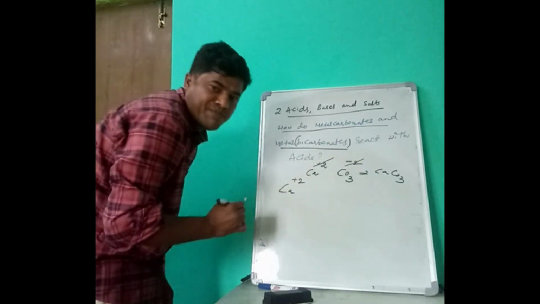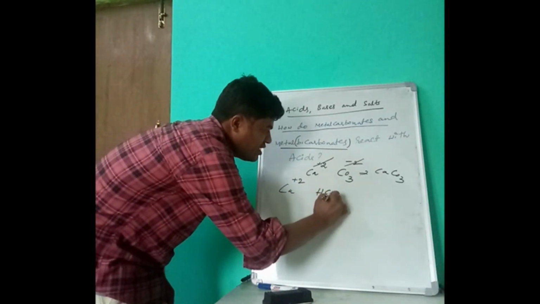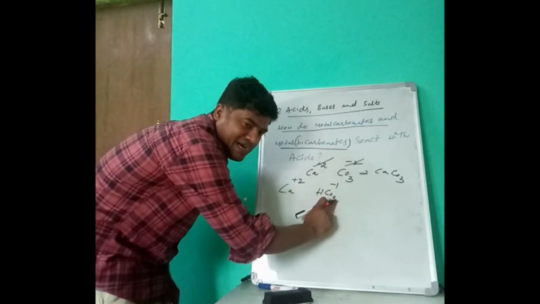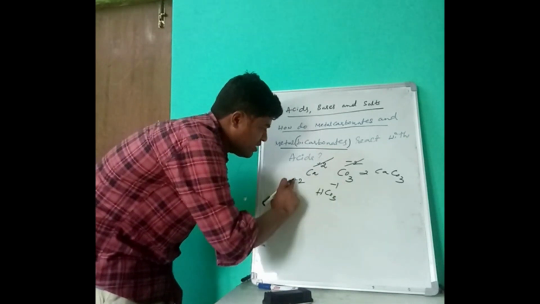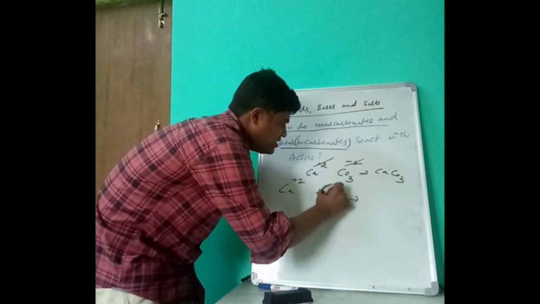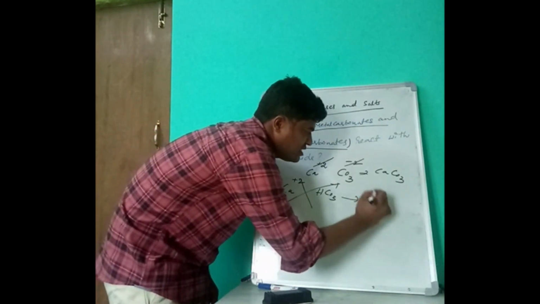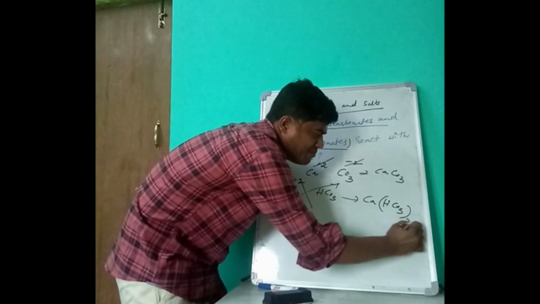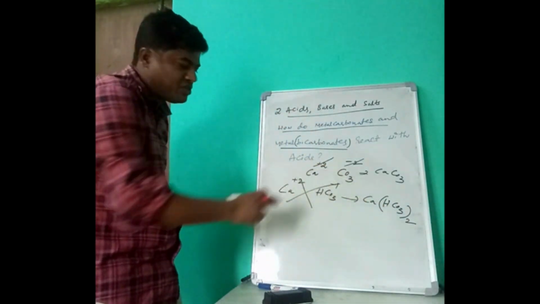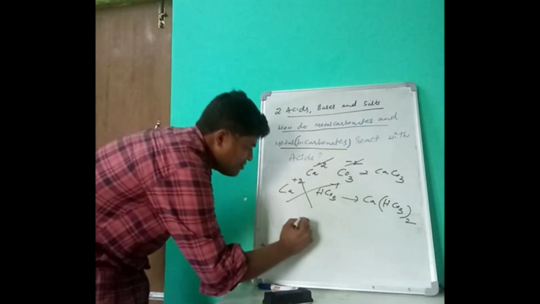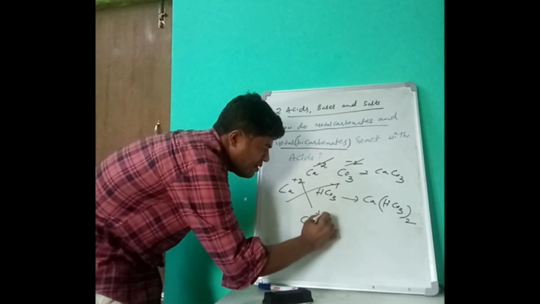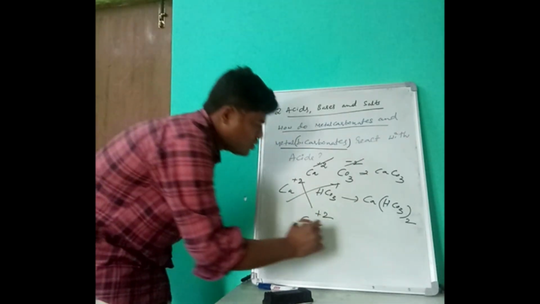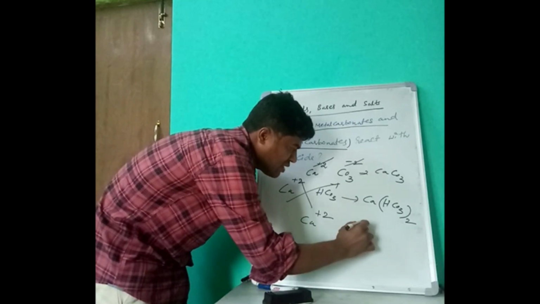Then calcium bicarbonate: Ca +2, HCO3. The charge carried by bicarbonate or hydrogen carbonate is -1. Here +2. When you exchange it, you will get Ca(HCO3)2, because it is a radical, enclose this radical in brackets. Then write HCO3 taken twice. Then calcium hydroxide, you know, Ca +2, OH -1.